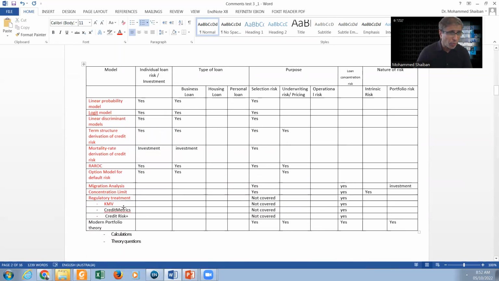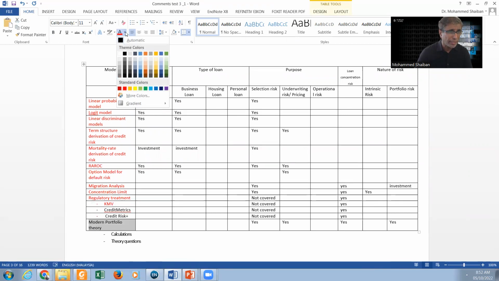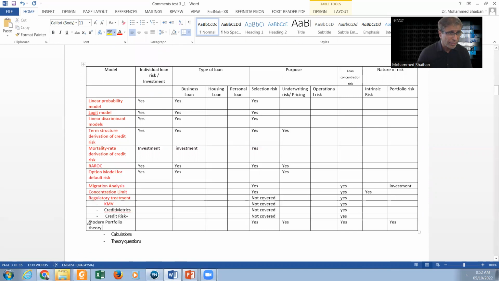I also want you to be aware of the concentration risk, and of modern portfolio theory: when you calculate the return, and also when we calculate the standard deviation of it.